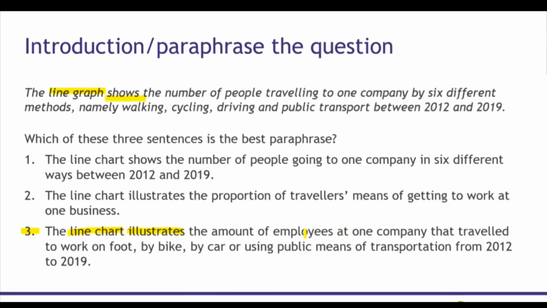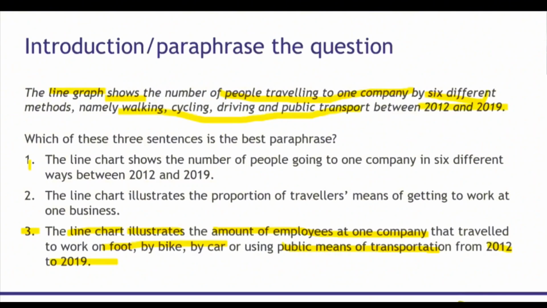It talks about the employees at one company, which we can see here. And we can see the different means of transportation, and we can see the years involved. So all of this information we can see also in the original sentence, but now it's paraphrased.